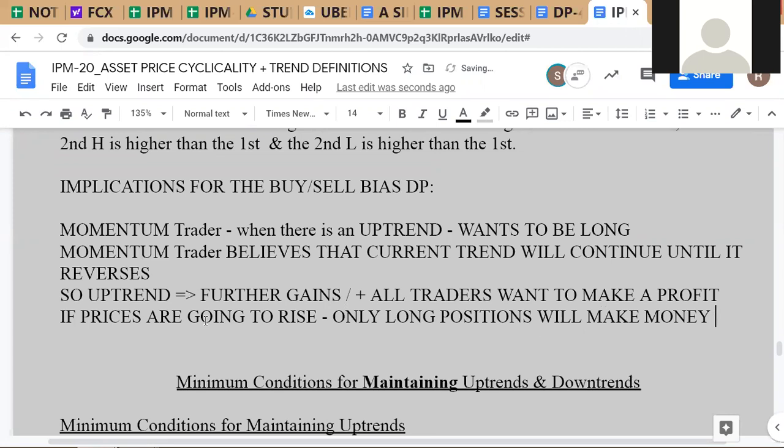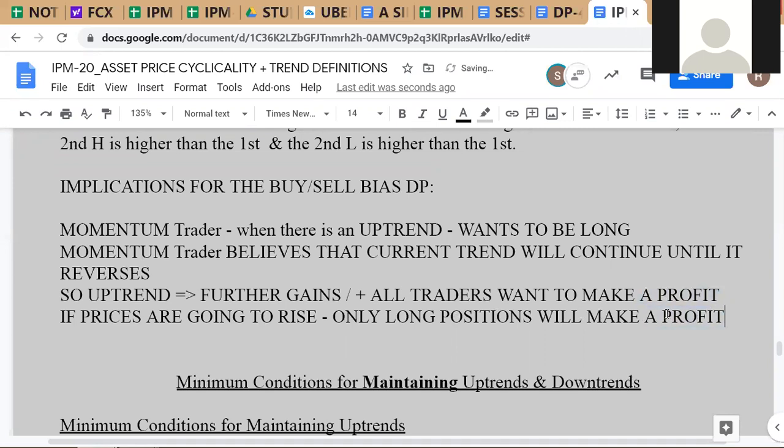This is something that we would call a suppressed premise, in the sense that we understand that there is a desire to make a profit. But when you're talking to a computer, you have to make even these obvious statements clear, because computers don't know that everybody wants to make a profit. You have to tell them to assume that all traders want to make a profit. If prices are going to rise, only long positions will make a profit, and short positions will actually lose money.